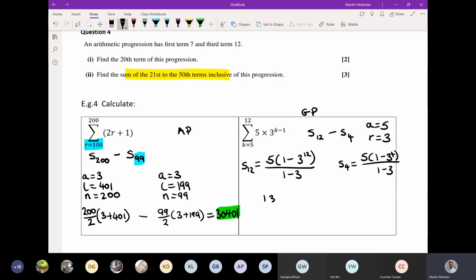And I get the following numbers when I do so. The first 12 terms come to 1,328,600. The first 4 terms just come to 200. And when I work that all out, I get 1,328,400.